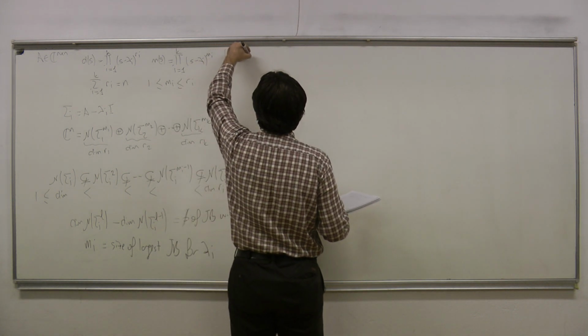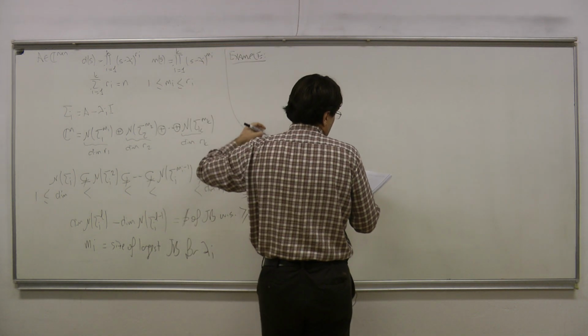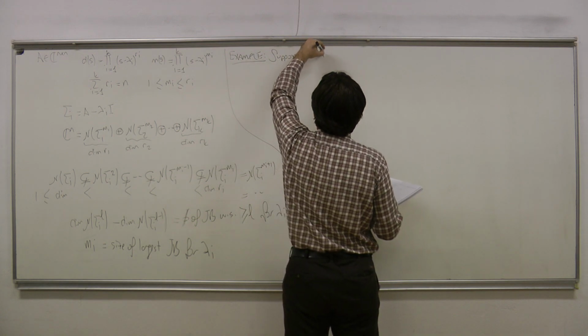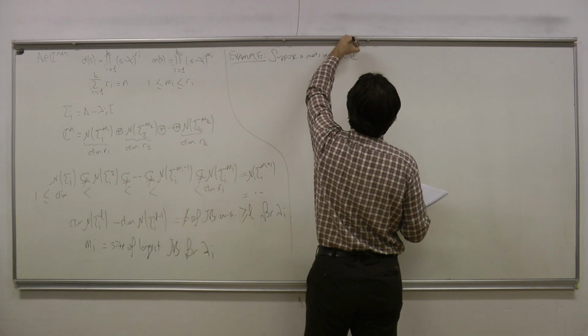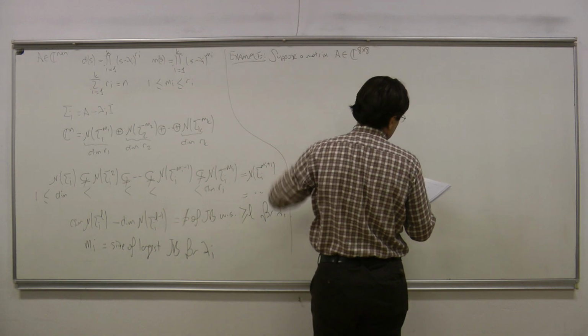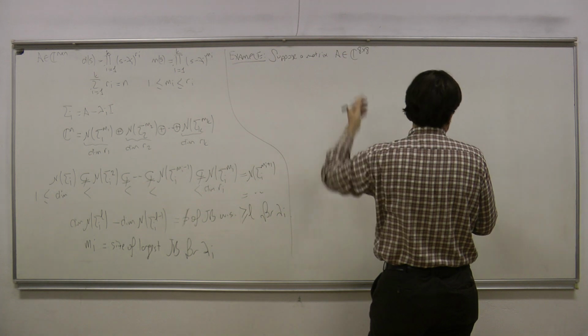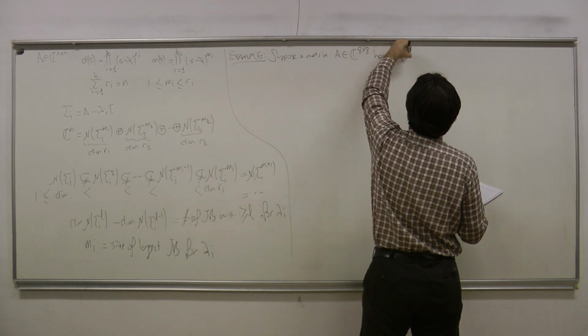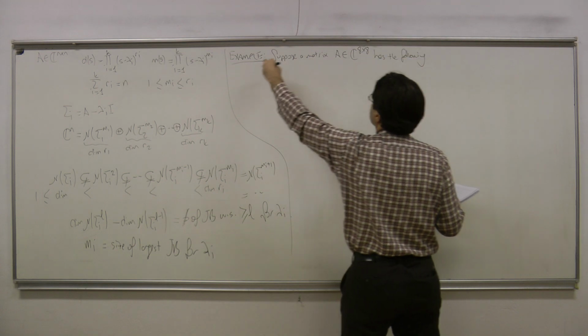So I have an example. Suppose a matrix A, which is in C^(8x8). This can also be real valued, it really doesn't matter. It has the following subspace dimensions.